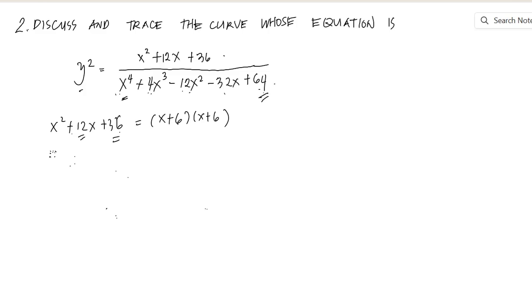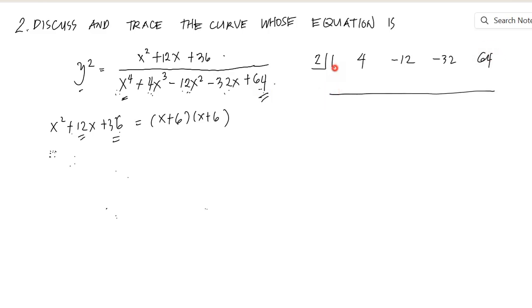We start with 2, so we apply synthetic division. The coefficient of x to the fourth is 1, x cubed is 4, x squared is negative 12, x is negative 32, and the constant is 64.